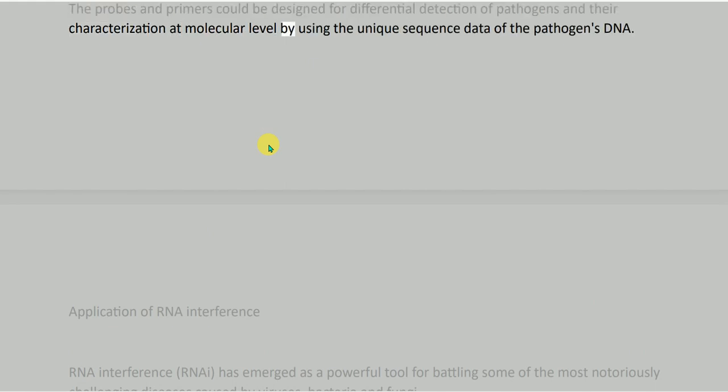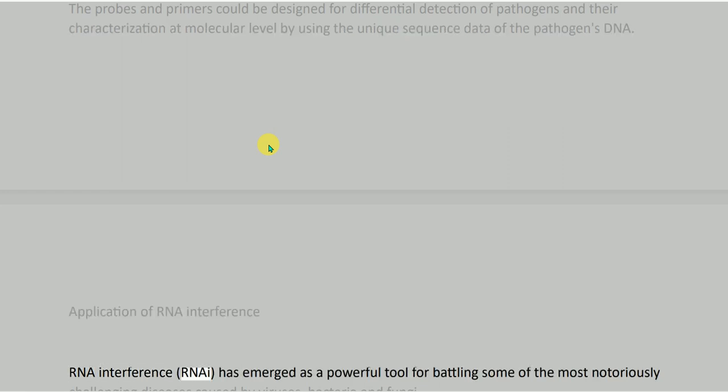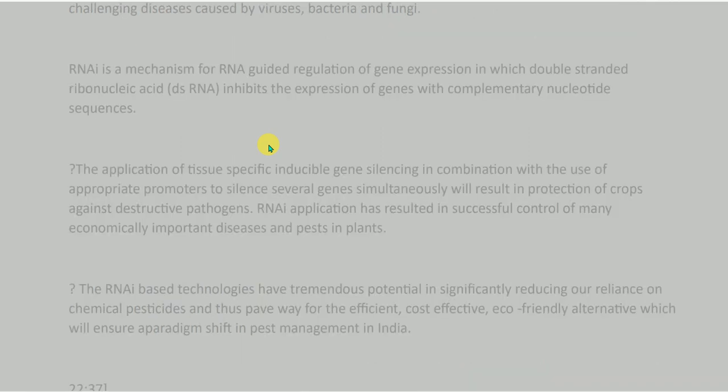Application of RNA interference. RNA interference, RNAi, has emerged as a powerful tool for battling some of the most notoriously challenging diseases caused by viruses, bacteria and fungi. RNAi is a mechanism for RNA-guided regulation of gene expression in which double-stranded ribonucleic acid, dsRNA, inhibits the expression of genes with complementary nucleotide sequences.